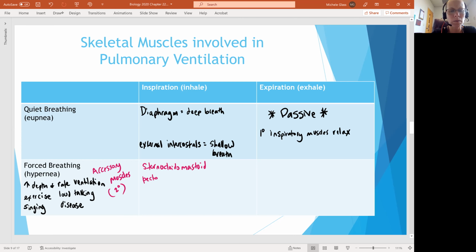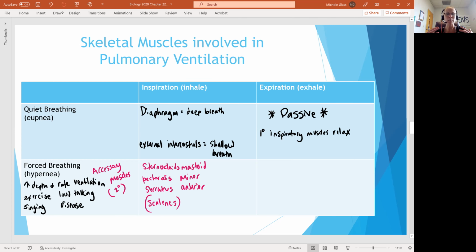Pectoralis minor, serratus anterior, and then there's a muscle, I'm going to put it in parentheses, the scalenes. This is not a muscle that we talk about in our anatomy and physiology part 1, so it's not one I'll test on here, but I do want to list it.